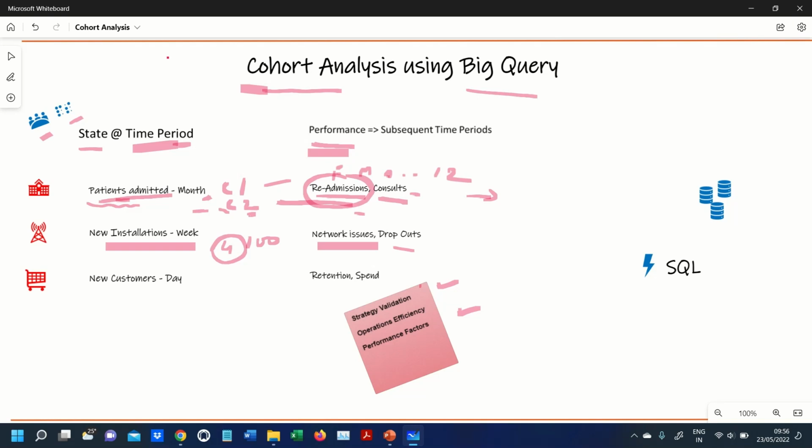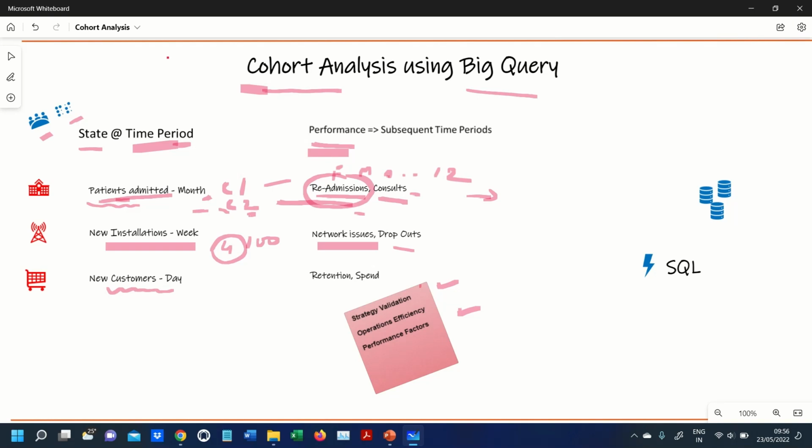Right. So similarly, in a retail store, if you say that we have new customers, you're running some offers and some campaigns every day on a retail store, offline retail store, and you're getting new memberships every day, and the data can be organized.